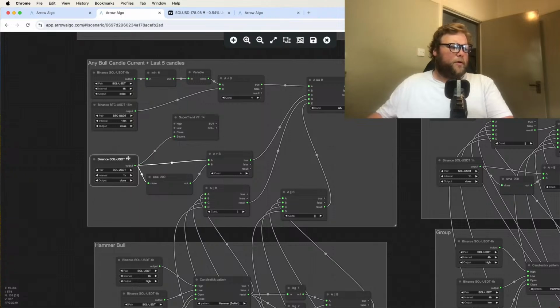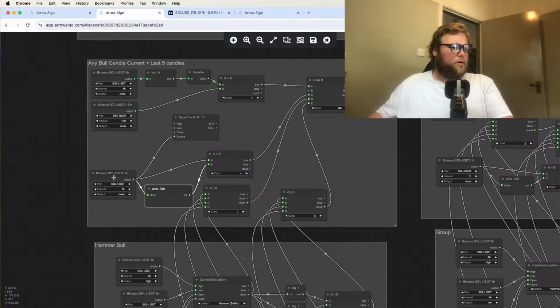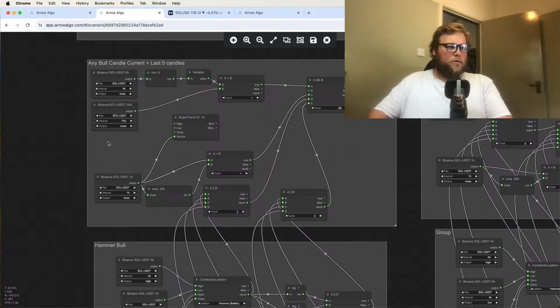So for the super trend, you'll need to input the closing price, the high price, and the low price. So that means some more data watcher blocks.